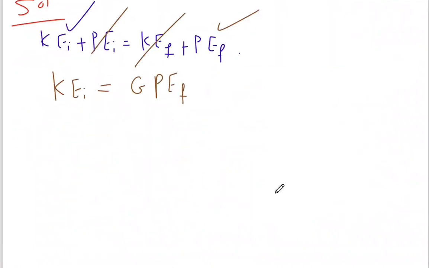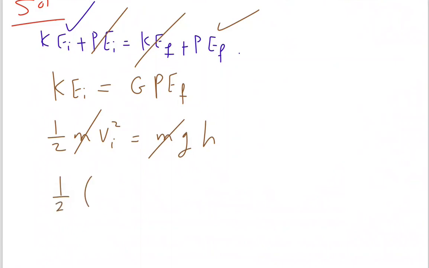Now substitute. So this will be half m v initial squared equals mgh. Same mass, so m and m cancel out. So half times v initial, which is 2.2 squared, equals g, which is 10, times h, and I need h.